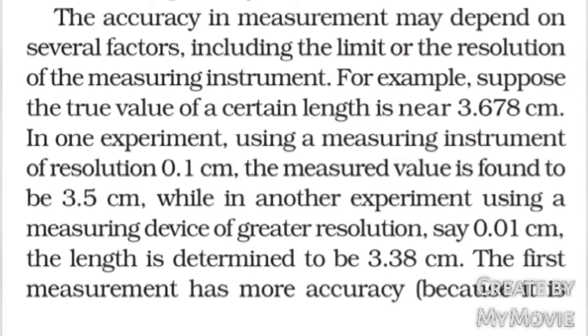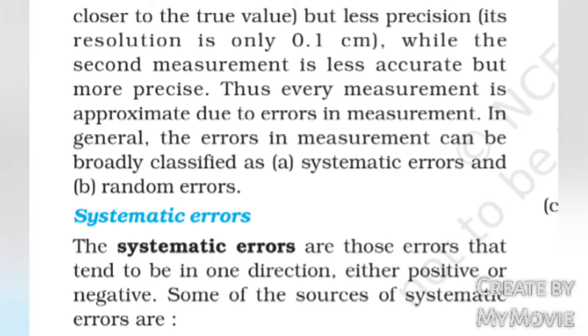The first measurement has more accuracy because it is closer to the true value, but less precision because its resolution is only 0.1 cm, while the second measurement is less accurate but more precise. Thus, every measurement is approximate due to errors in measurement.